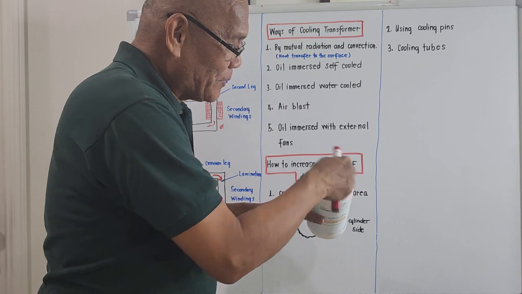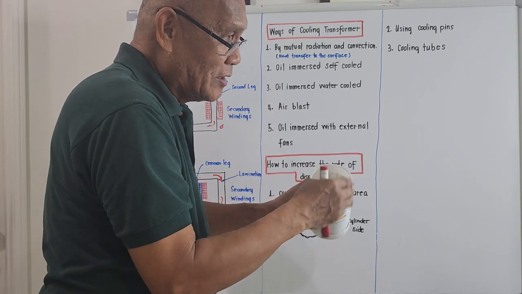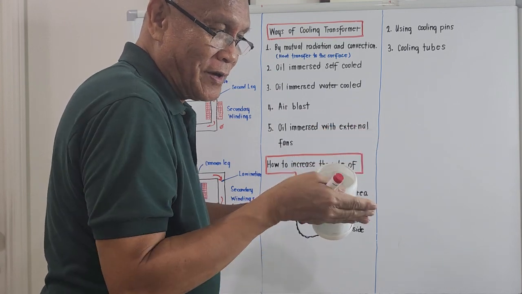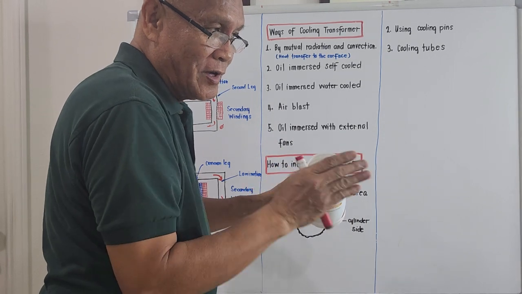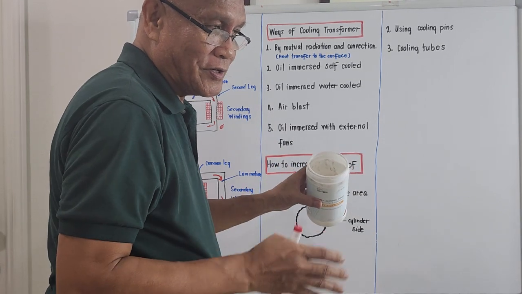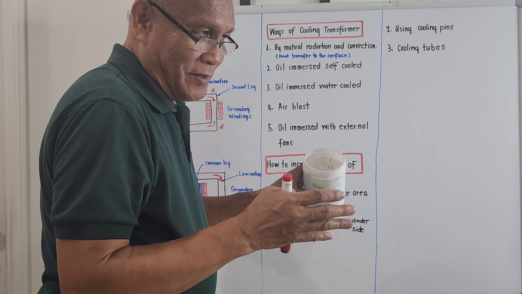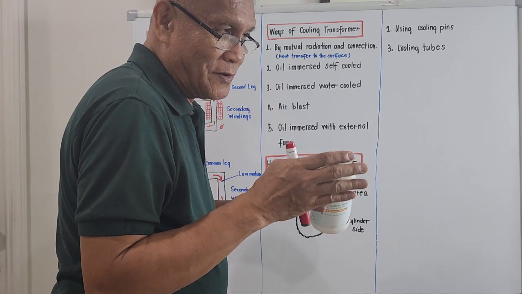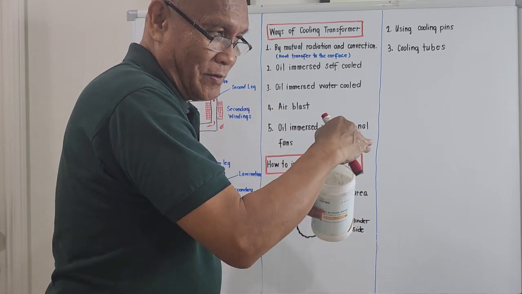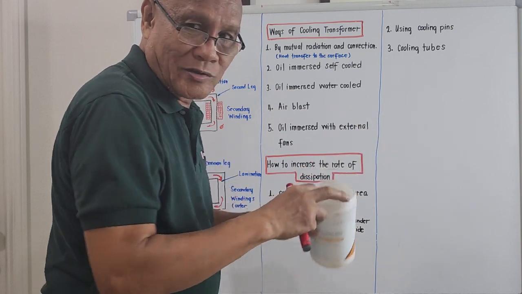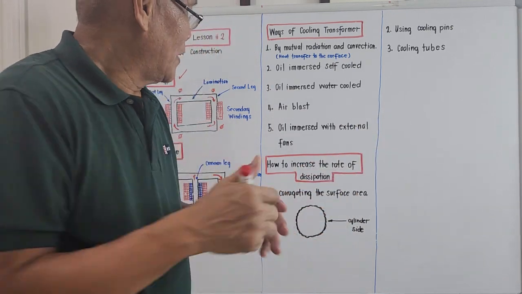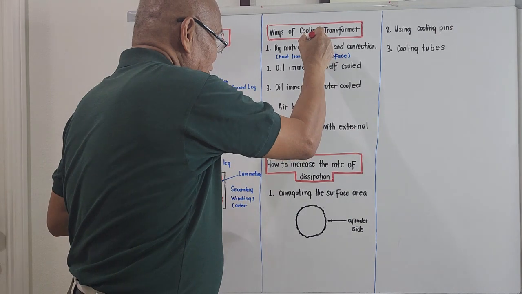It will not be a perfect circle, but you corrugate it to increase the surface area. If the surface area increases, the surface which will dissipate heat will be more. So that is by mutual radiation and convection.